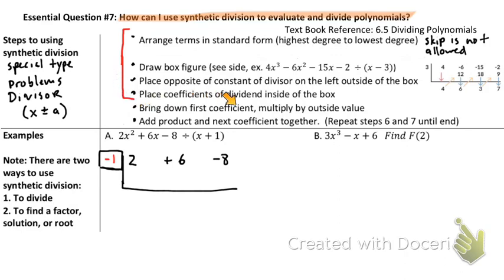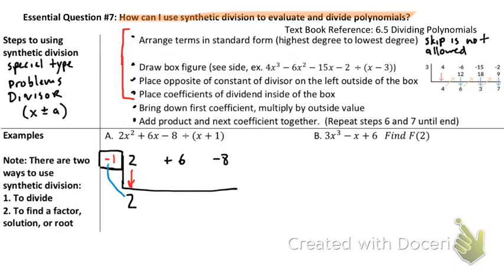It says bring down the first coefficient. The first coefficient is this guy, 2. I'm going to bring him down and write him below the line. Anything below the line, we multiply with our number in this box. So I'm going to multiply -1 times 2.